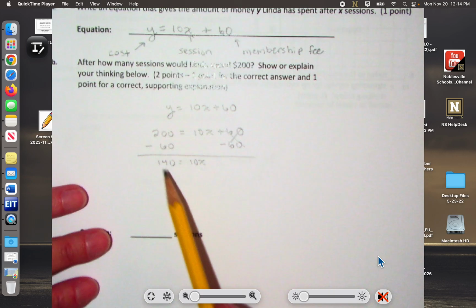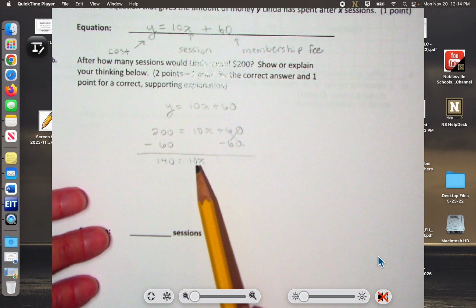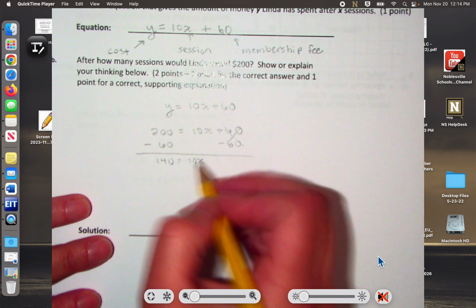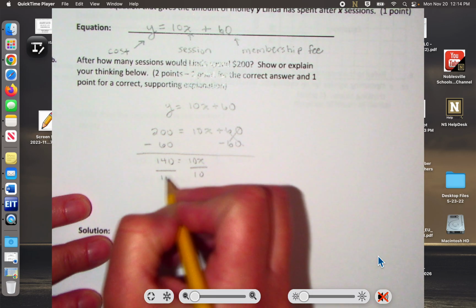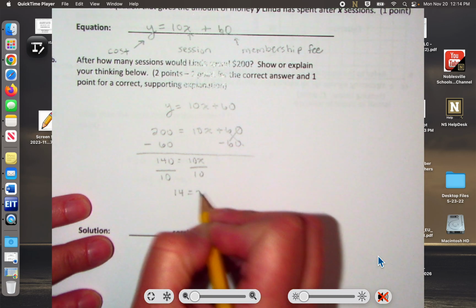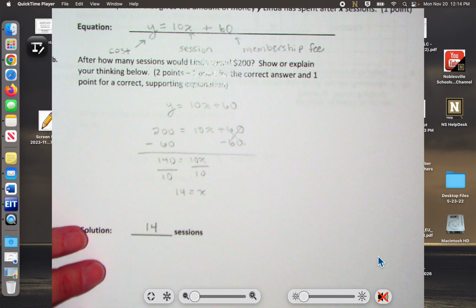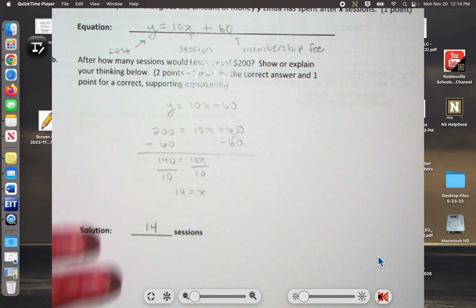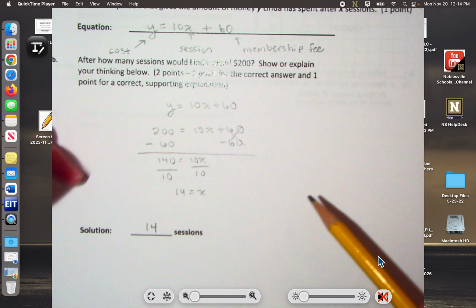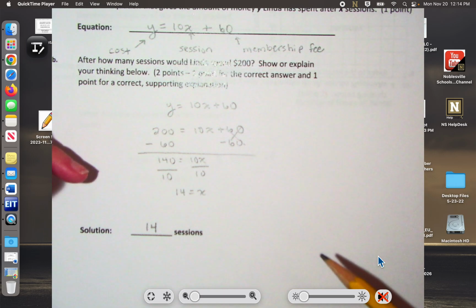And I'm going to end up with 140 equals 10x. And then when I divide by that 10, I get 14 sessions.